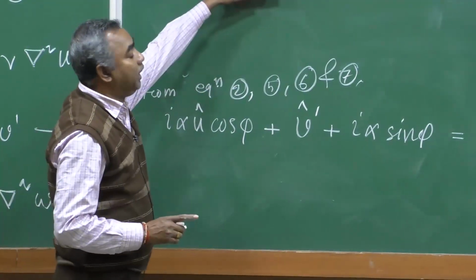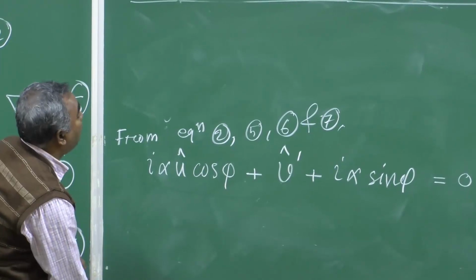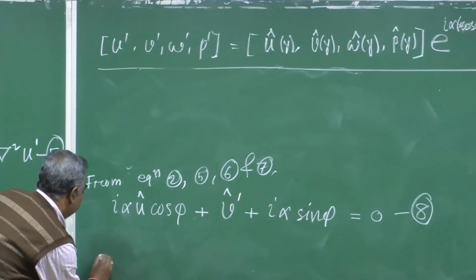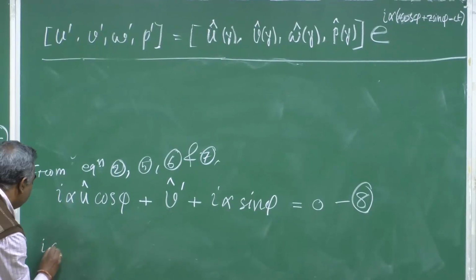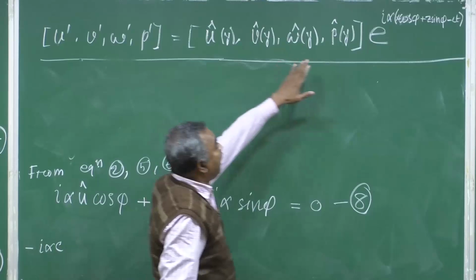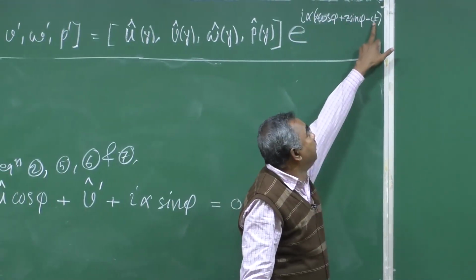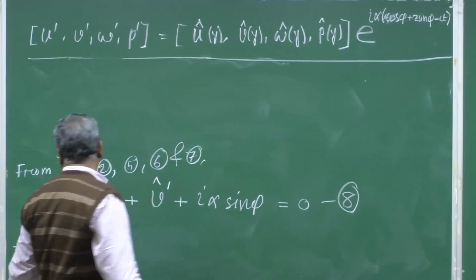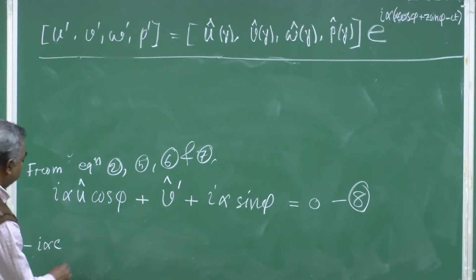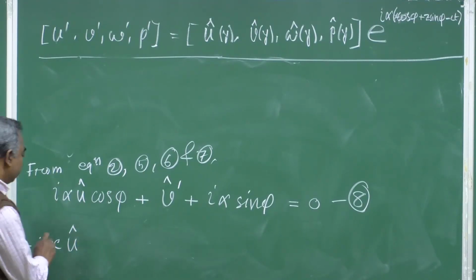So, we have to take the derivative with respect to t, which gives i alpha times minus c, so minus i alpha c u hat, into the exponential term, which is common on both sides of this equation and will cancel out. So, this is the first term.